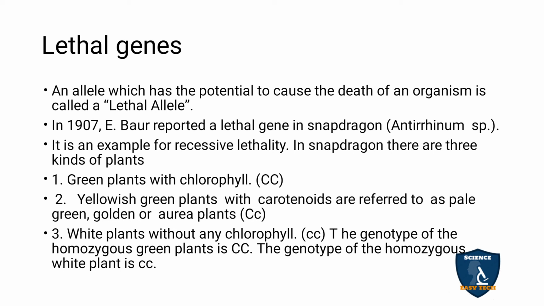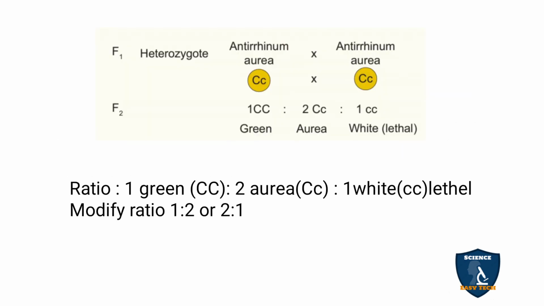In the F1 generation you get capital C, small c, that is the yellow-green plant, the aurea plant. Now you are going to self this aurea plant in F1. In F1, the gametes that will appear are capital C and small c. These are the two gametes from the two sides you are taking.